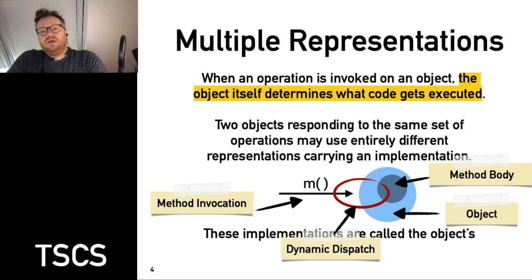When we call a method on an object, the object itself decides what gets executed. And the other thing is, even though you do a method invocation on a reference, you only dynamically decide which method body actually gets executed.